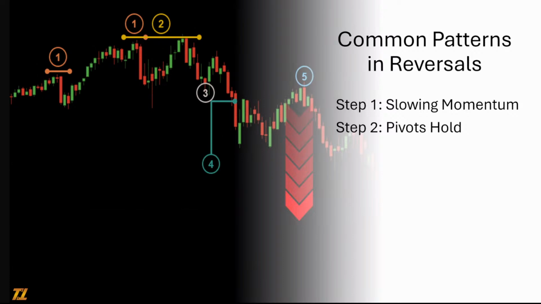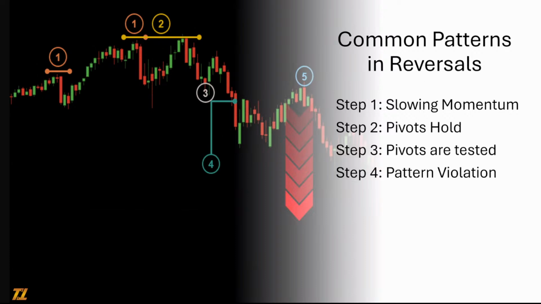Those happen in every single pattern out there. Once again, slowing momentum, pivots hold, pivots are tested, and then you see the pattern get violated. That's all the early steps that occur within the development of a reversal. And then what happens to confirm the trend is what we call the kiss. And I'll explain that here in just a second.